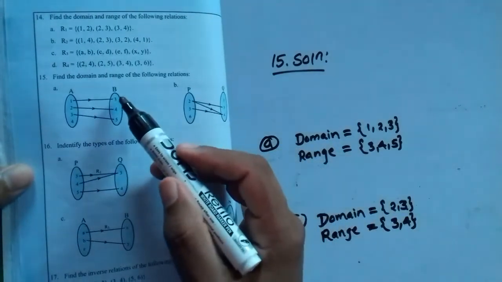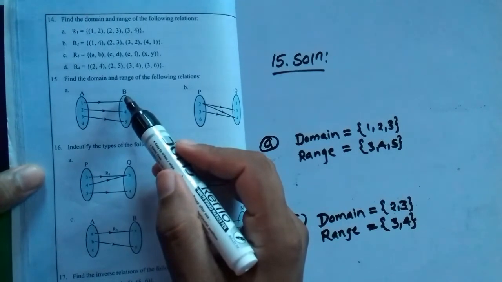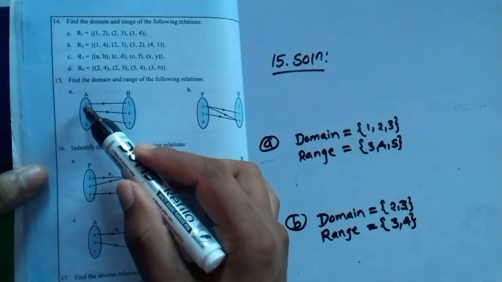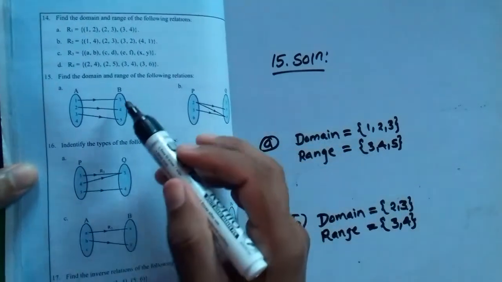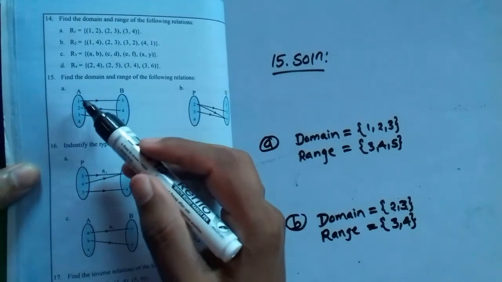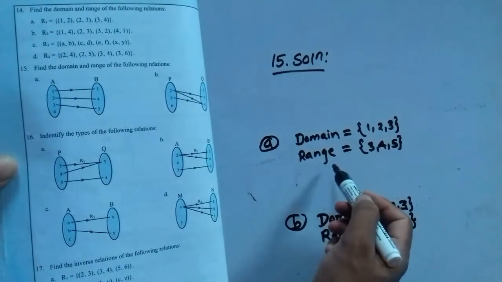And for range we have to look in set B, all the elements of set B which have relation with set A should be the elements of range.